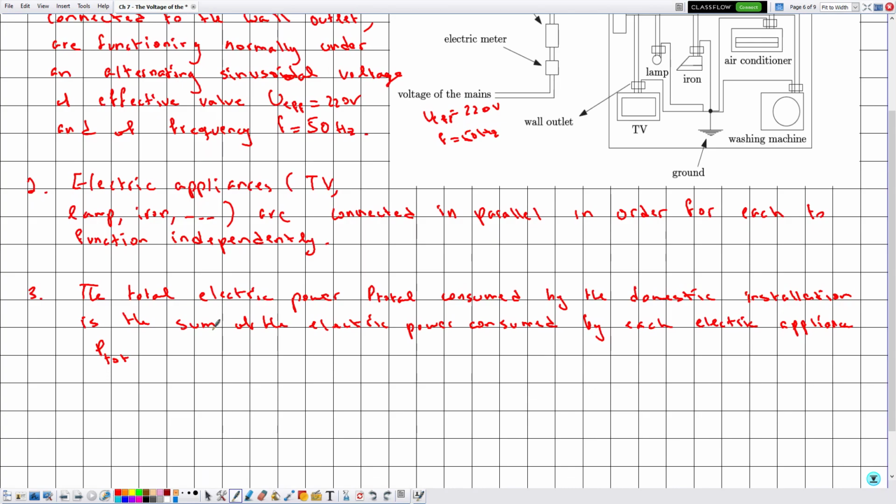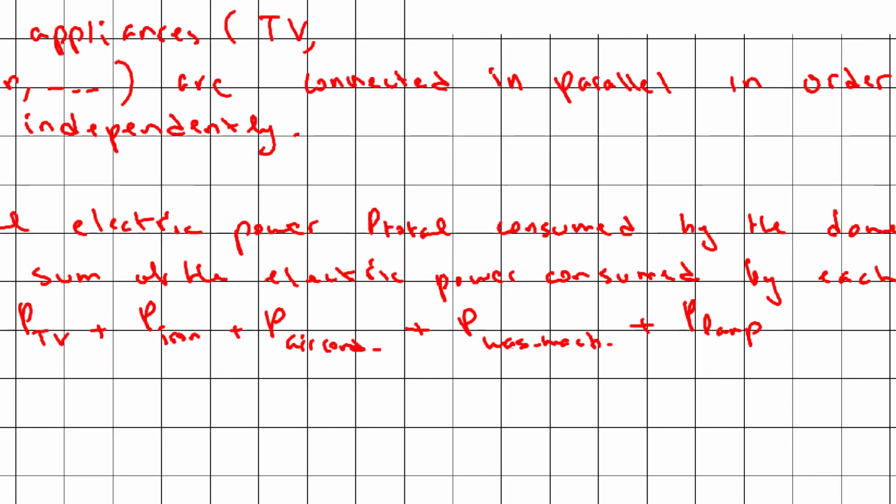So the total means the sum, so we simply add the P of the TV plus P of iron plus P of the air conditioner, plus P of the washing machine. Okay, so in this case this is the total power. Did I miss anything? Okay, and we have also P of the lamp. It's not important whether we place TV first, iron, lamp, then this.